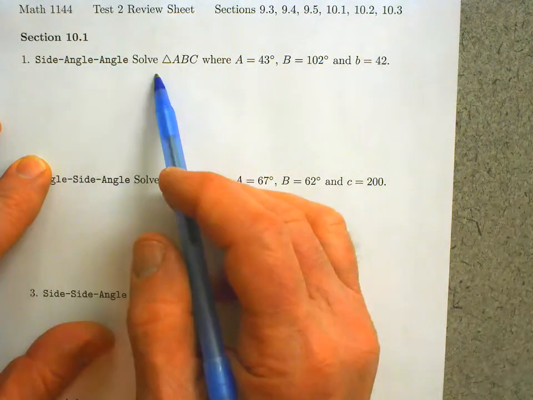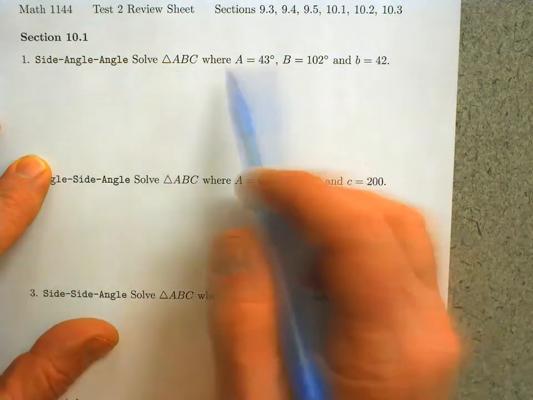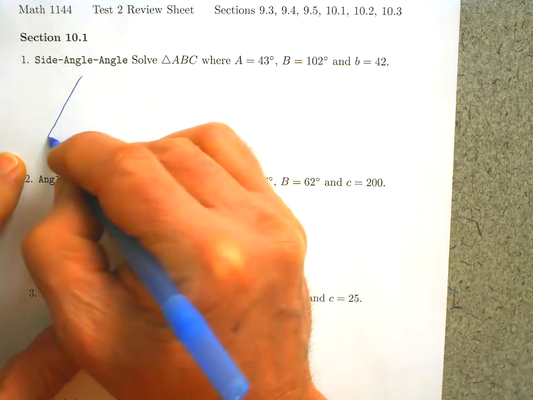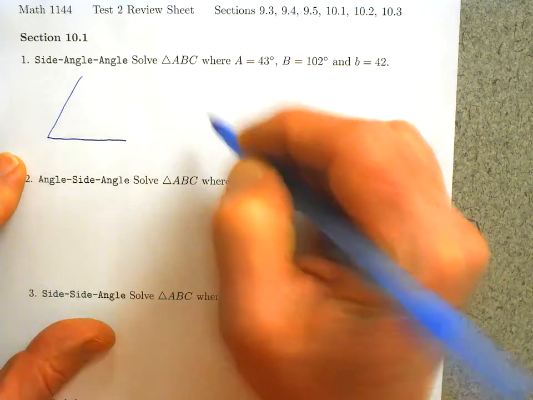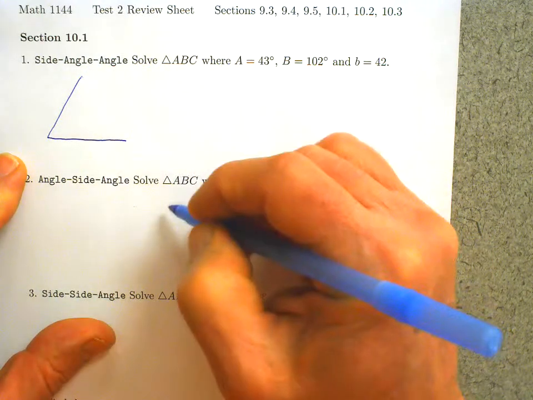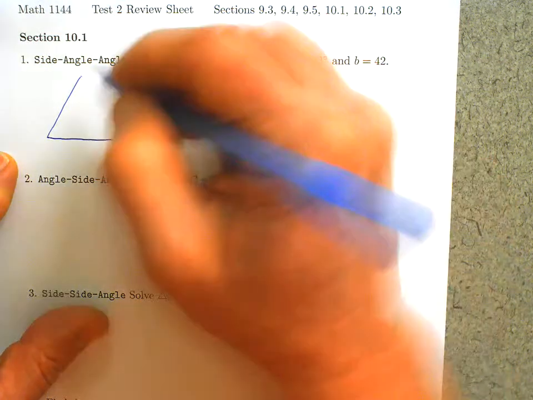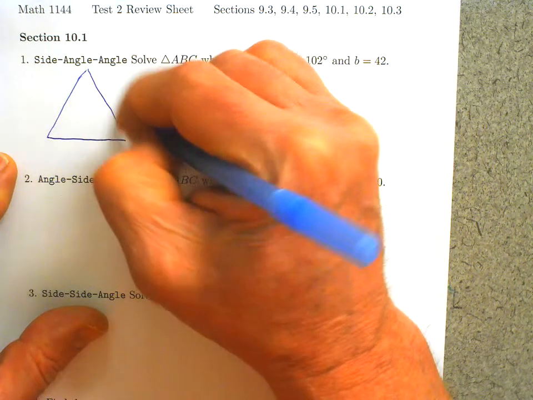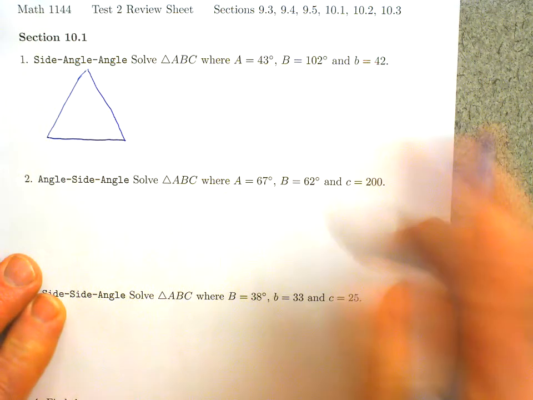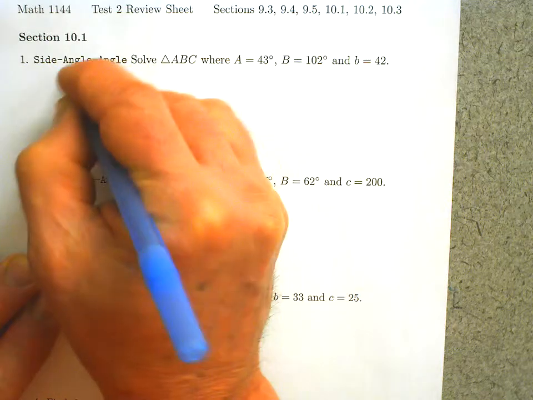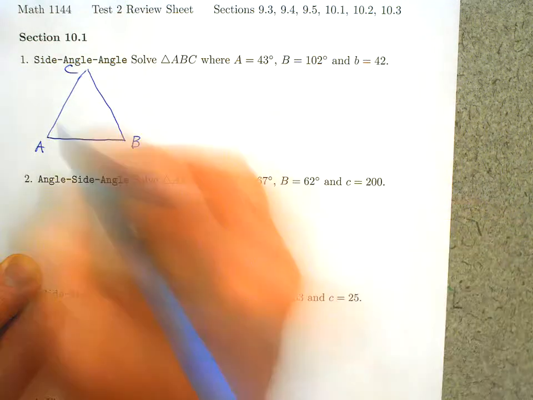So if we have a triangle ABC where angle A is 43 degrees, angle B is 102. So my diagram won't really depict it accurately. That's okay, we're just using it for reference.